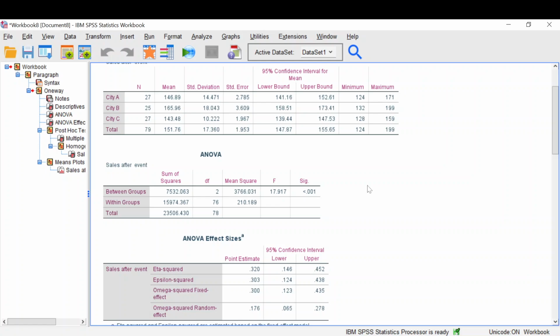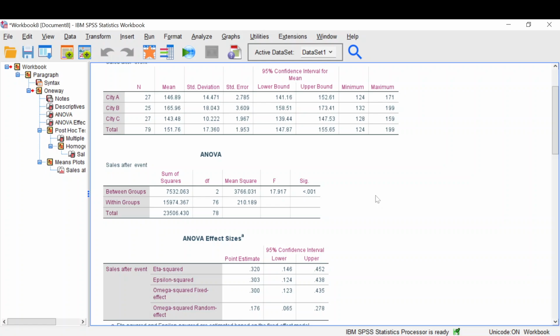Okay, so what does that mean? So this is basically saying that there is a difference between city A, B, and C regarding the number of units that they sold.